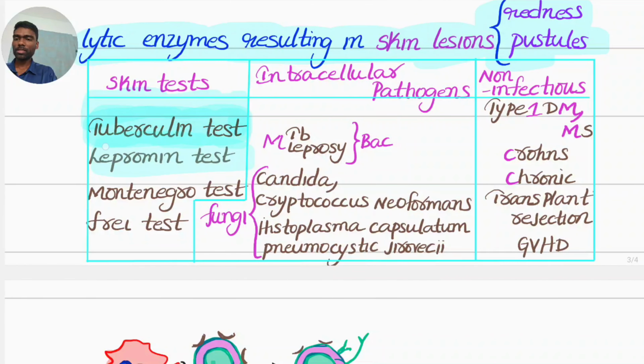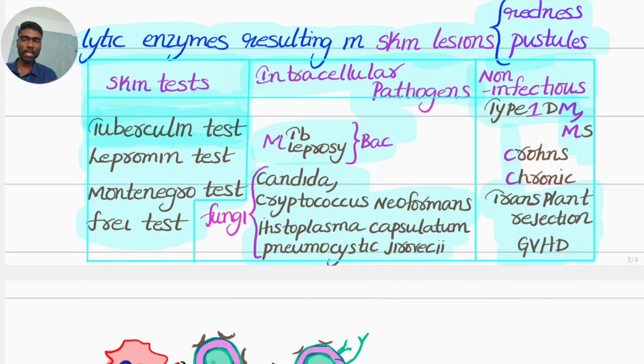Same with the lepromin test, Montenegro test for leishmaniasis, Frei test for LGV. These are all examples of delayed type hypersensitivity reaction. Intracellular pathogens like bacteria, TB, leprosy, fungi, candida, cryptococcus, histoplasma, pneumocystis jirovecii. Non-infectious conditions: type 1 diabetes mellitus, multiple sclerosis, Crohn's, chronic transplant rejection, graft-versus-host disease.